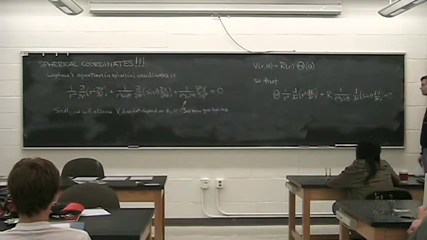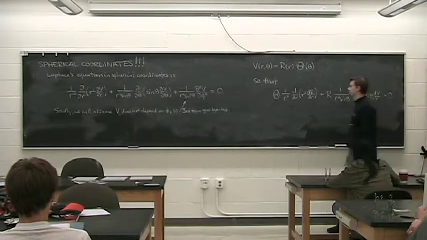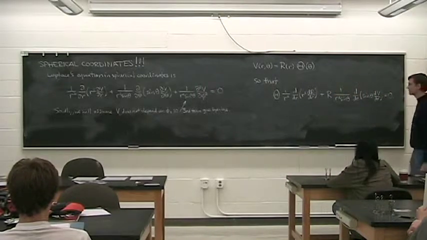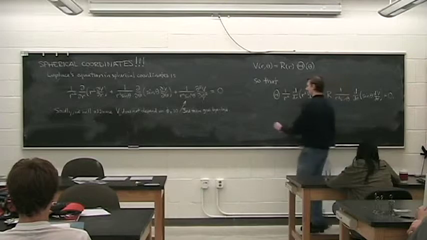And then to achieve true happiness of variable separation, divide through by v equals big R big theta.